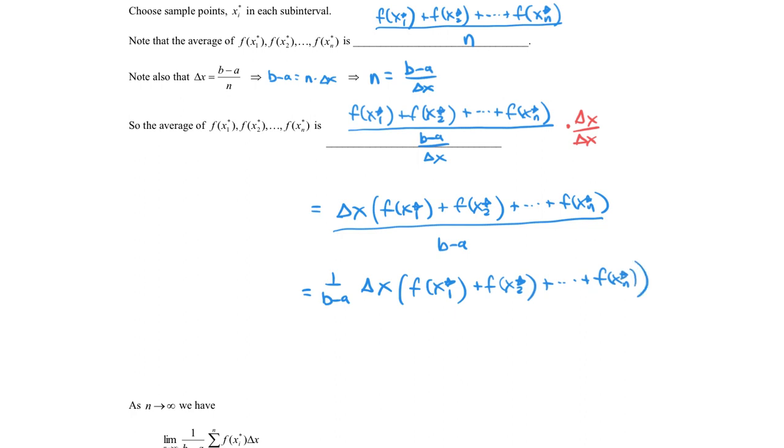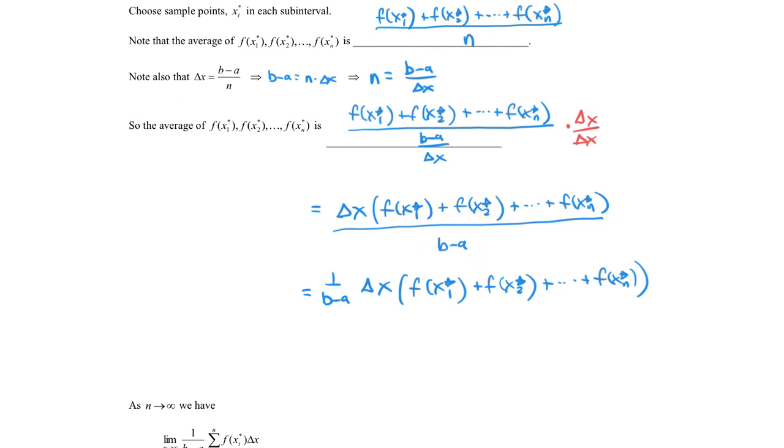This is okay, right? Because think of it like this: if I have 1 over b minus a times all this, if I were to multiply this straight across, you get 1 times this, because this would be like a fraction over 1, and then b minus a times 1 would get us back here.